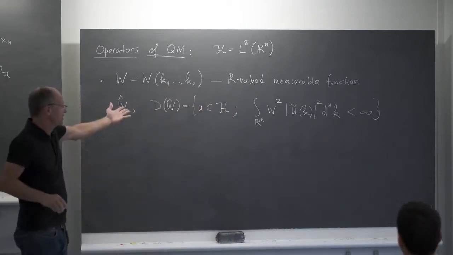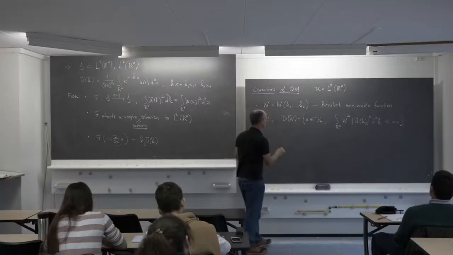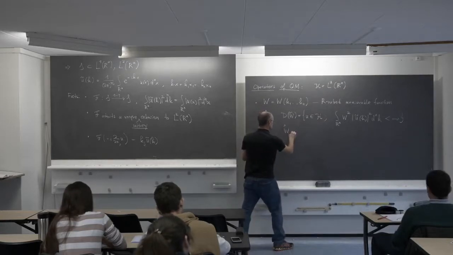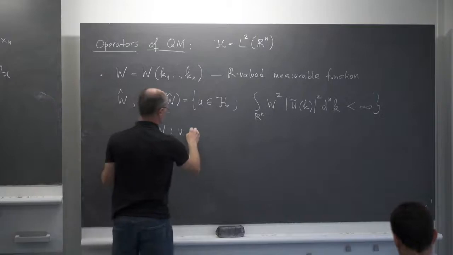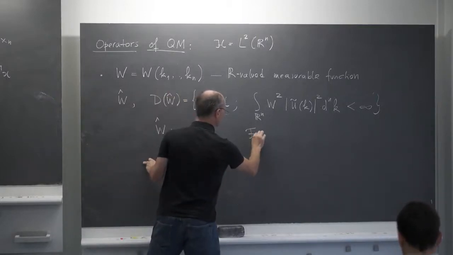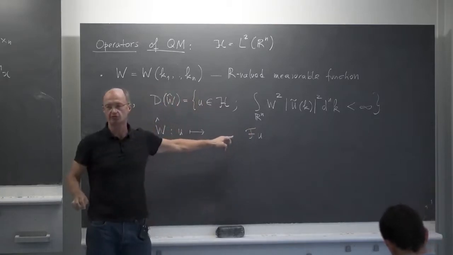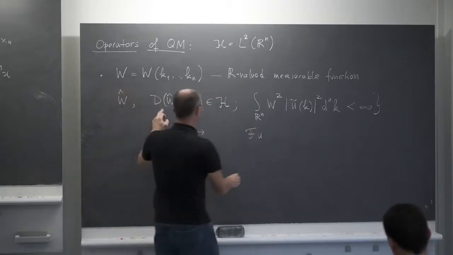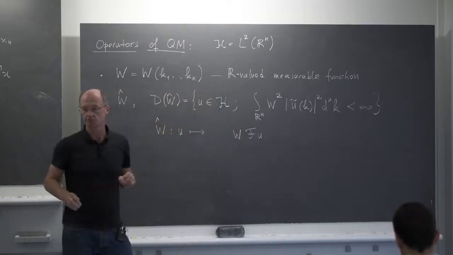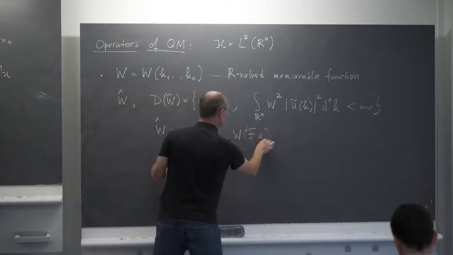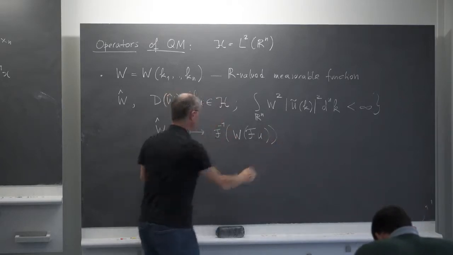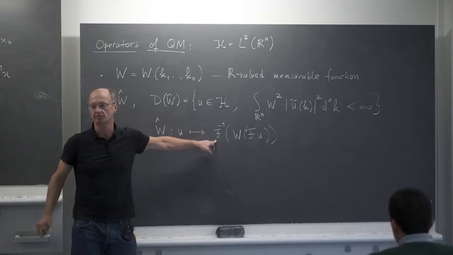So it's again defined as some kind of multiplication operator. Now where does W hat send U? Well, first of all, we apply the Fourier transform. Then we multiply by W, and then we Fourier transform back.